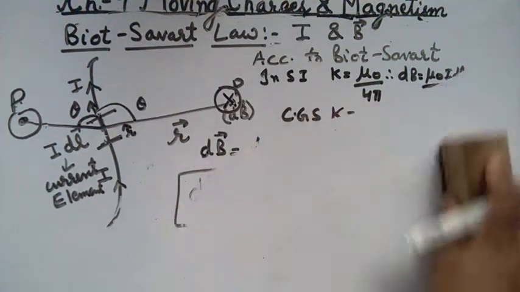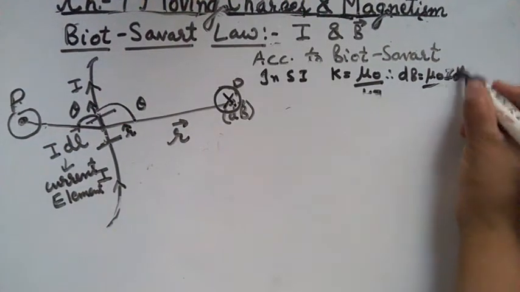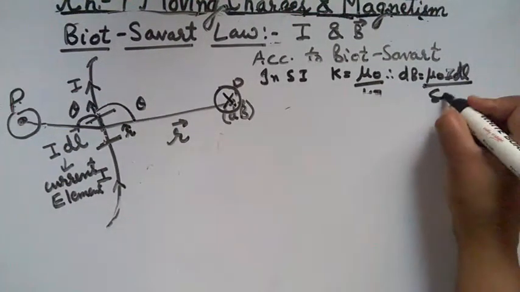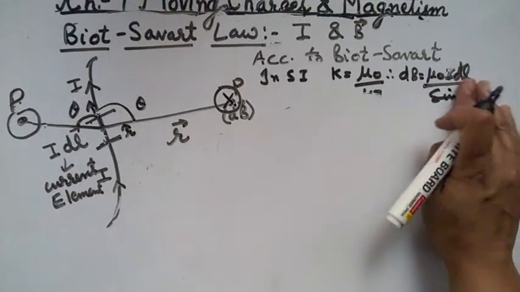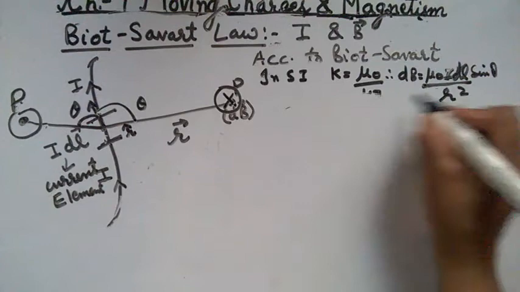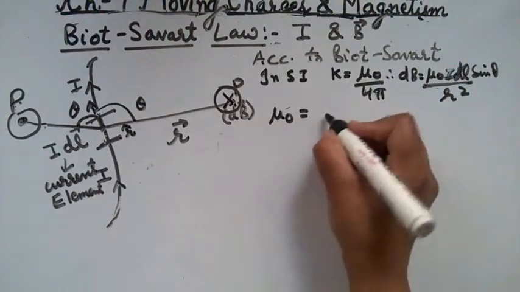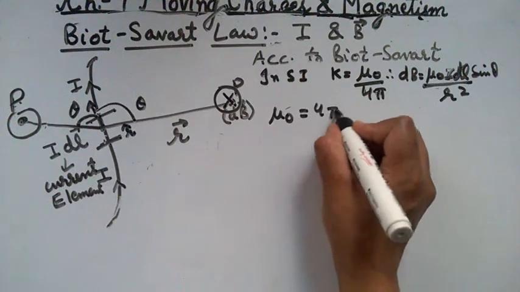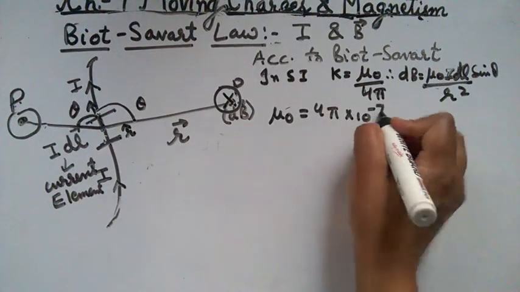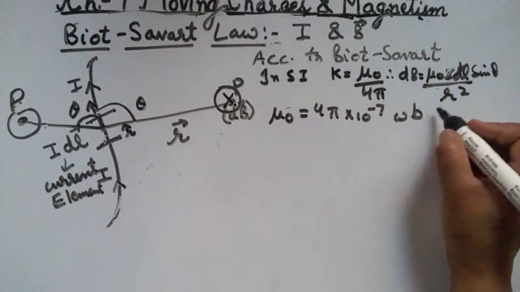Here the value of mu naught is given as 4 pi into 10 raised to the power minus 7 Weber per ampere per meter.